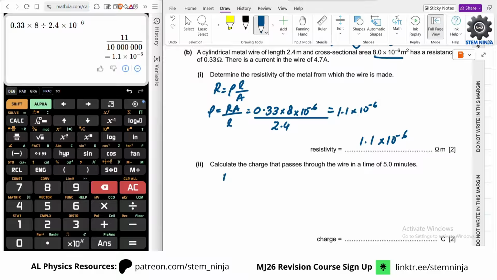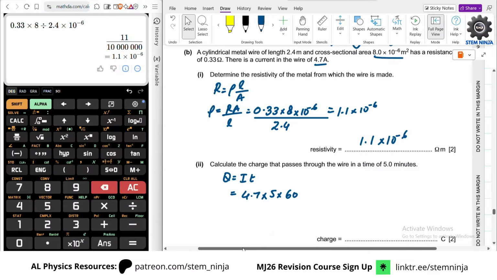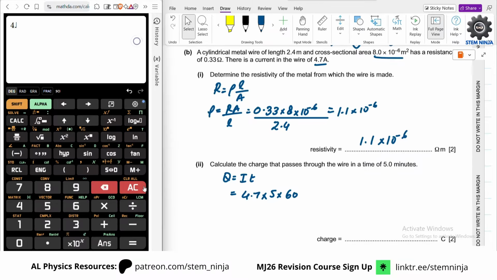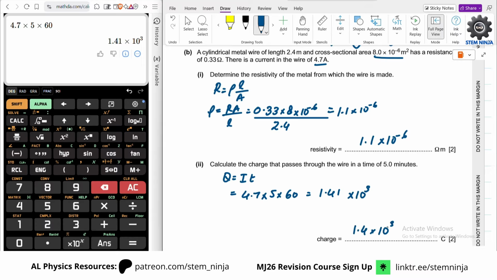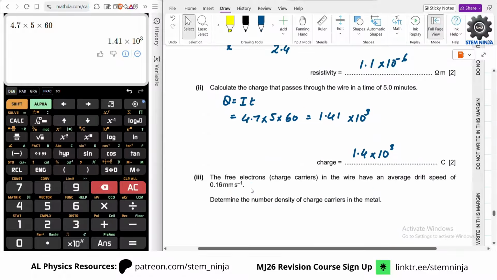So charge, we know that Q is equal to I T. I passing through this is 4.7, and 5 minutes is 5 times 60 seconds. So 4.7 times 5 times 60 is 1.41 times 10 raised to the power 3. So 1.4 times 10 raised to the power 3 coulombs, or 1400 also.